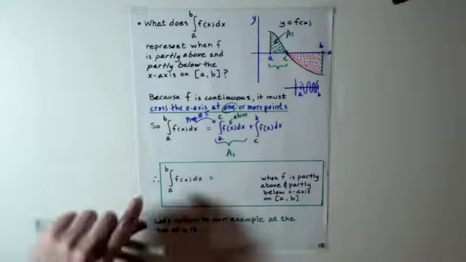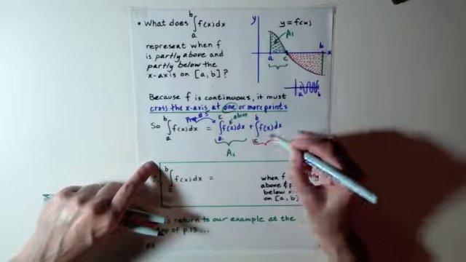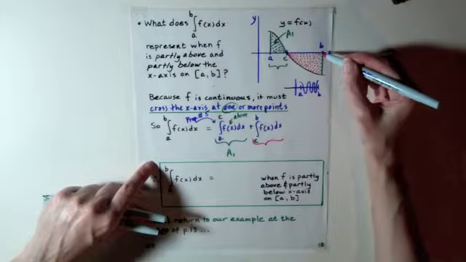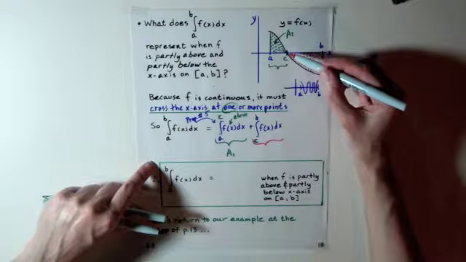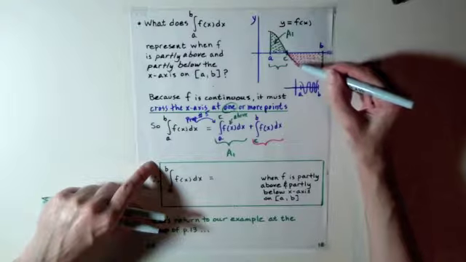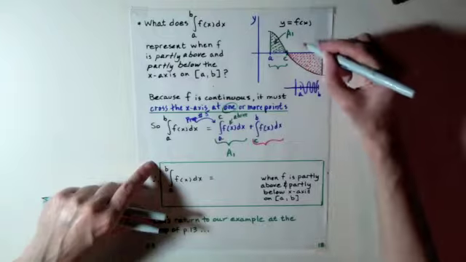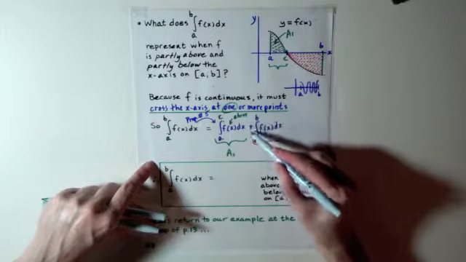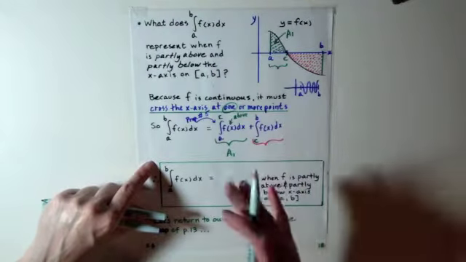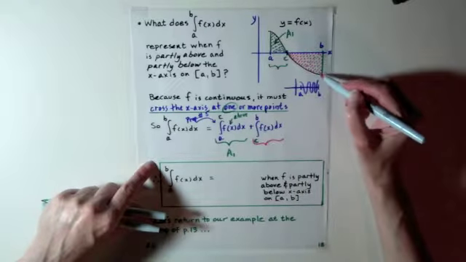Now let's think about the second integral that I have here, the integral from C to B of f of x dx. And what do you notice about the function on this interval? Well, now the function lies entirely below the x-axis on that interval. So remember that in that case, and this is what we just showed on the previous page, this definite integral does not represent this positive area.